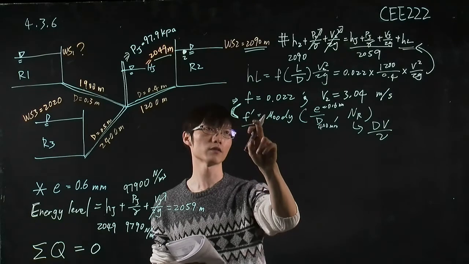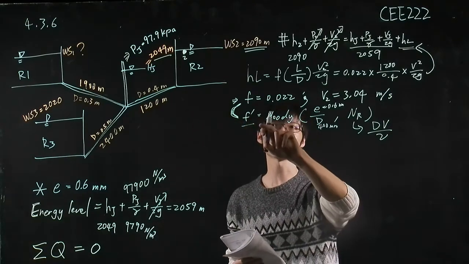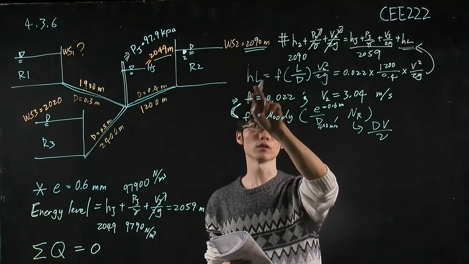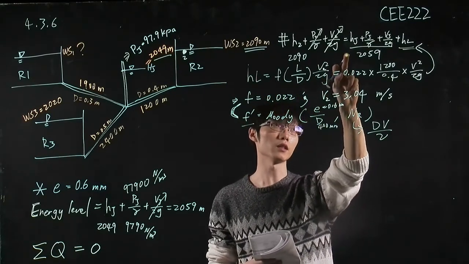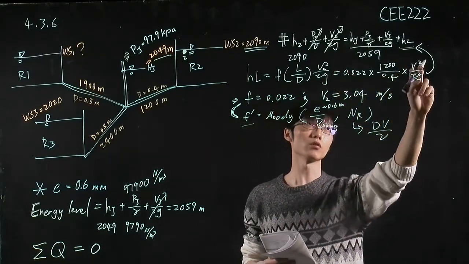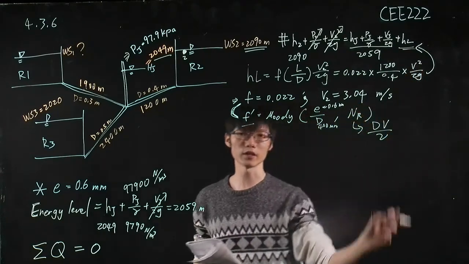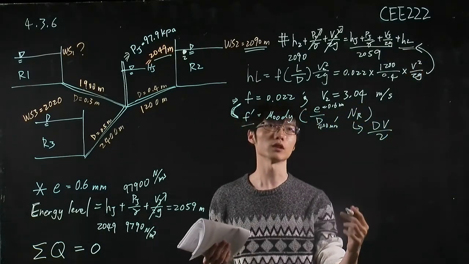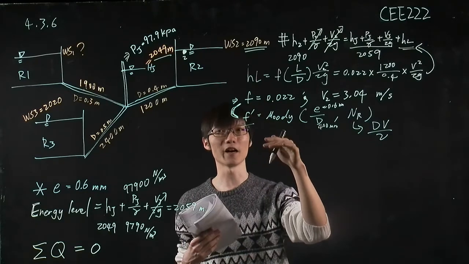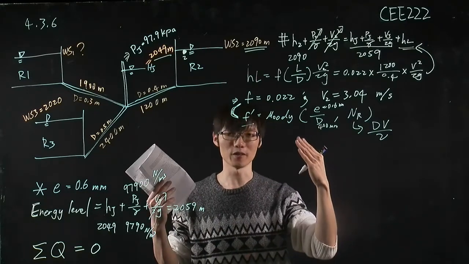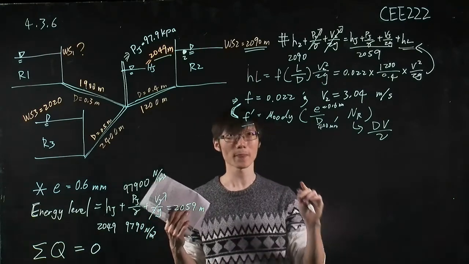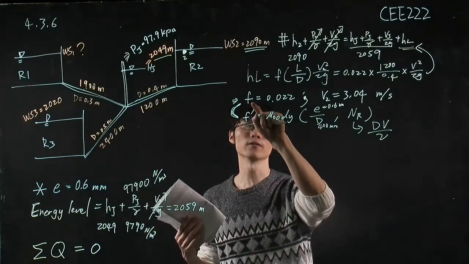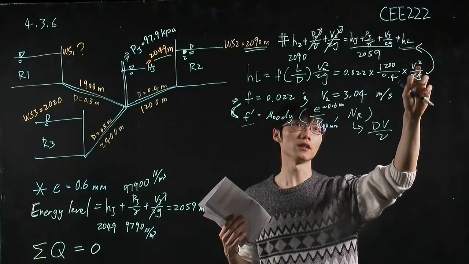If this one is different, then you plug this new f into the head loss equation and into this energy balance equation. Then you compute the new velocity. And you do several iterations, then you can find an acceptable approximation for this factor f and the velocity.